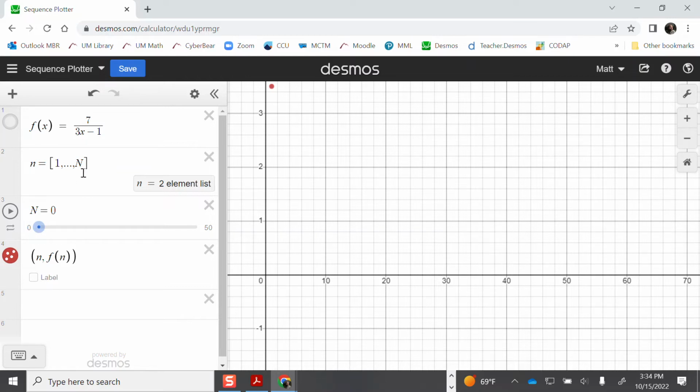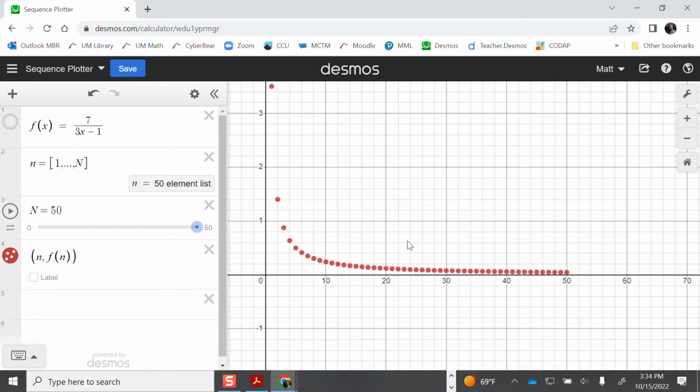These are position numbers, so right now positions are at 0. And you can generate up to 50 elements in that position number list, and what it will do is plot position and the sequence term. So this is what our sequence looks like that we just calculated the general term for.